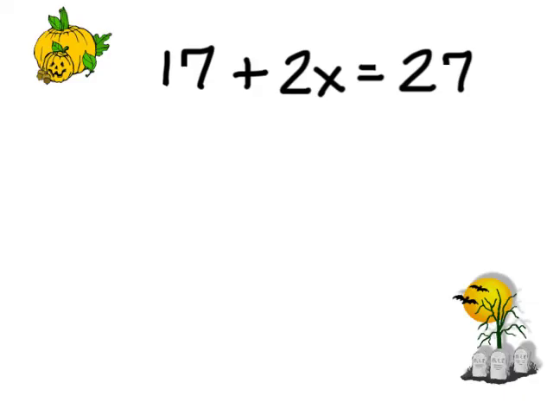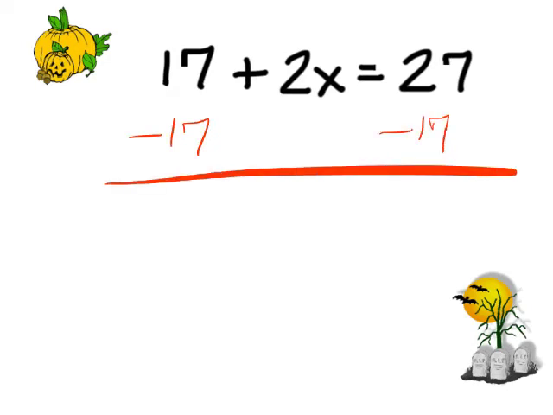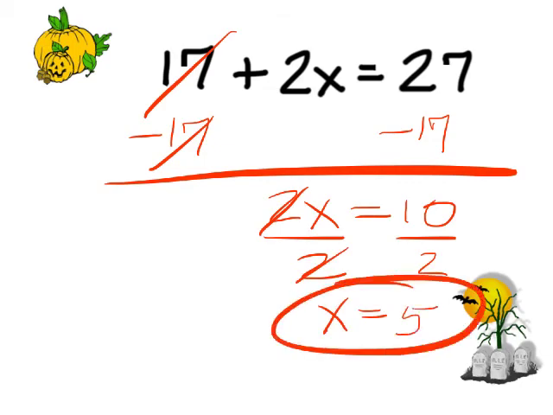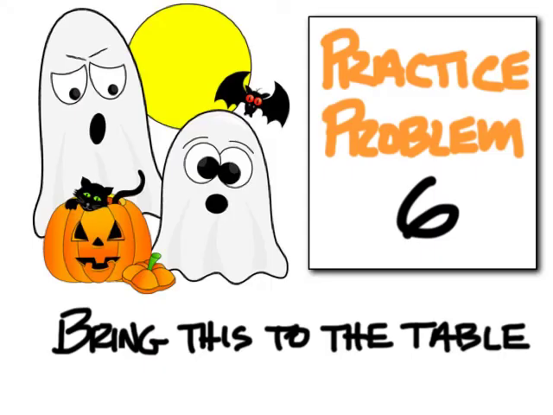Bonus problem number 5. For the bonus problem, subtract 17 from both sides. These cancel out. You're left with 2x equals 10. Divide both sides by 2 to get an answer of 5.